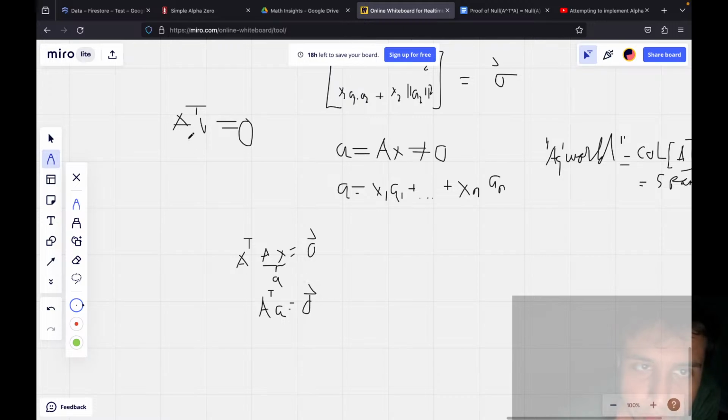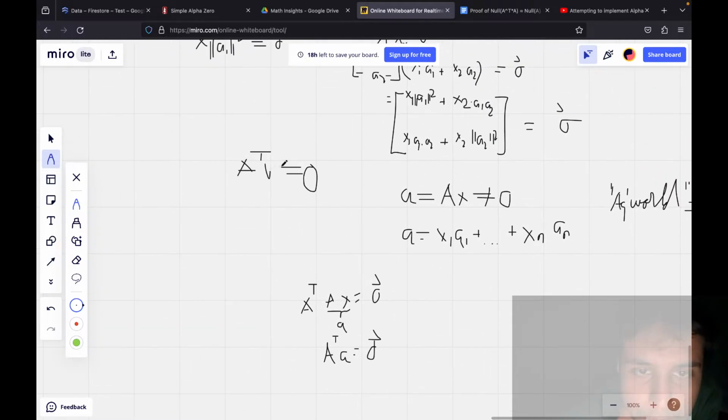And in general, if you have some vector v and A^T v equals 0, what does that mean? Let's expand v and write it out: v is v1 dot dot dot vn.